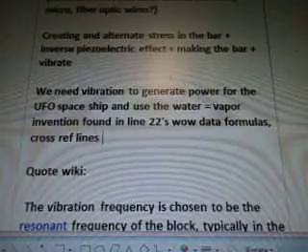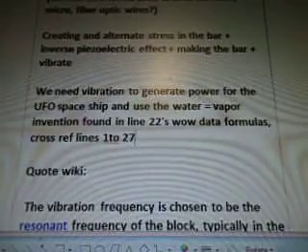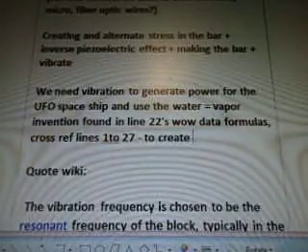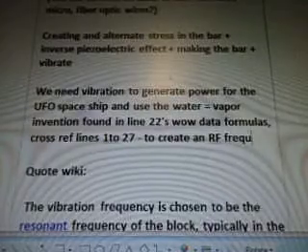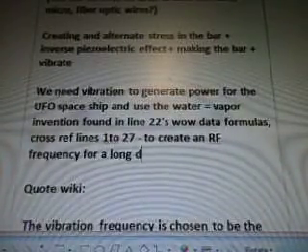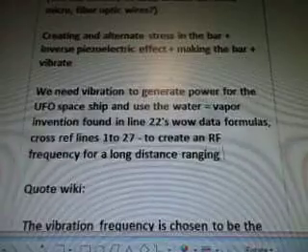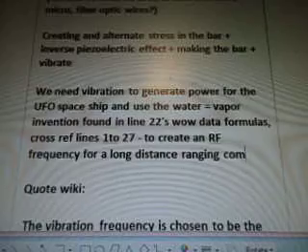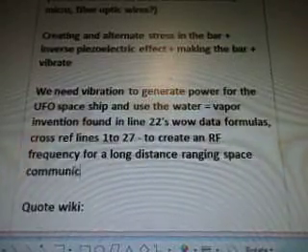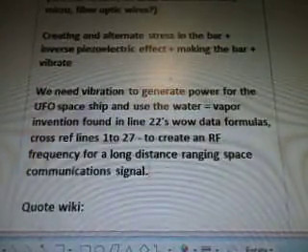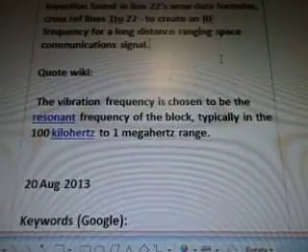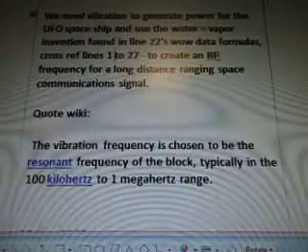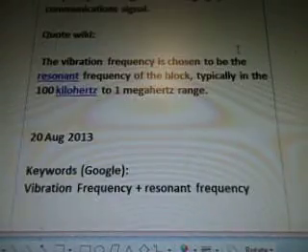Cross-reference lines 1 to 27 to create an RF frequency for a long distance ranging communications space communications signal. Okay, there are inventions that came up earlier in line 22 that show you different test results of frequencies that they were playing with.